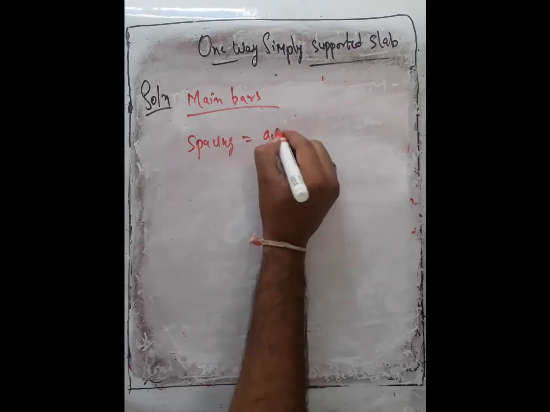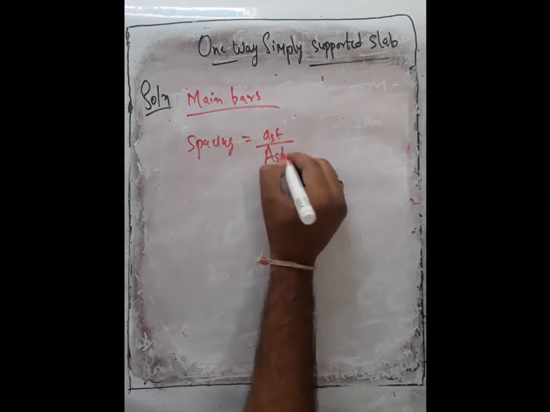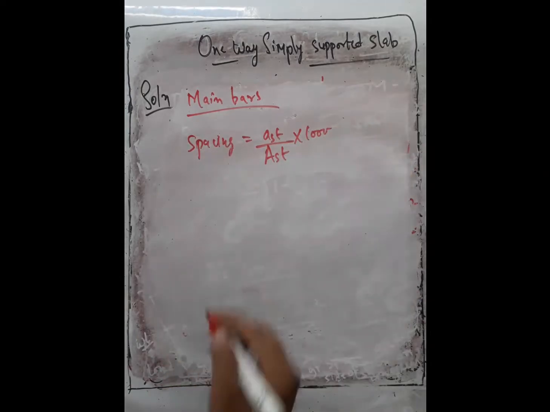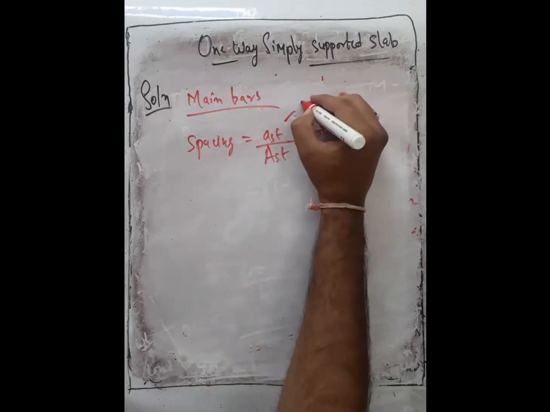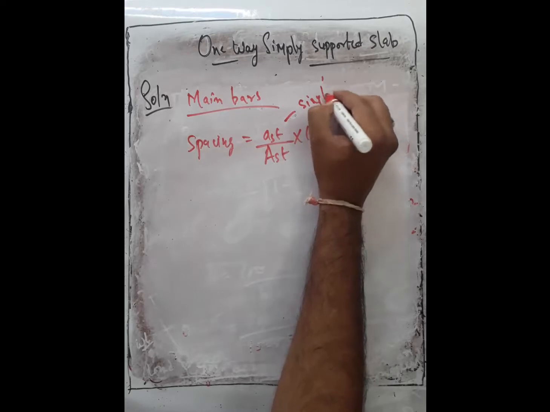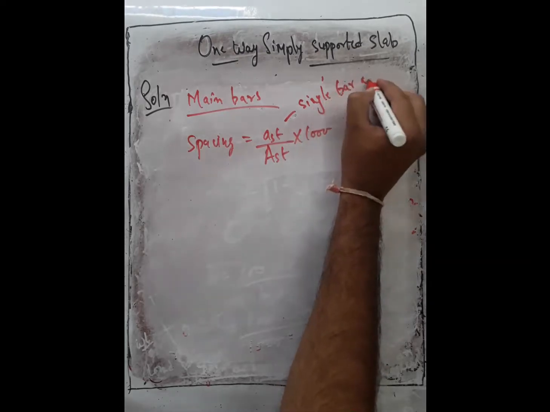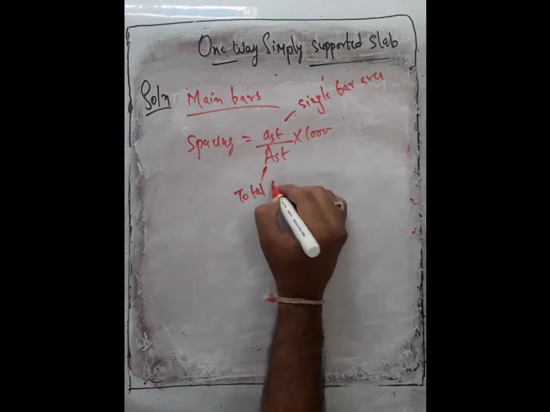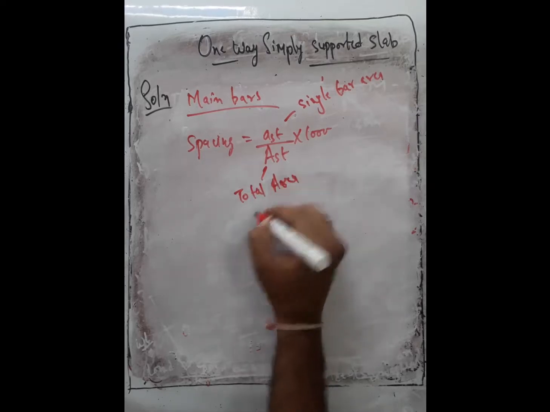Spacing is equal to small Ast divided by capital Ast into 1000. Okay, this small Ast is the single bar area. This capital Ast is the total area of steel.